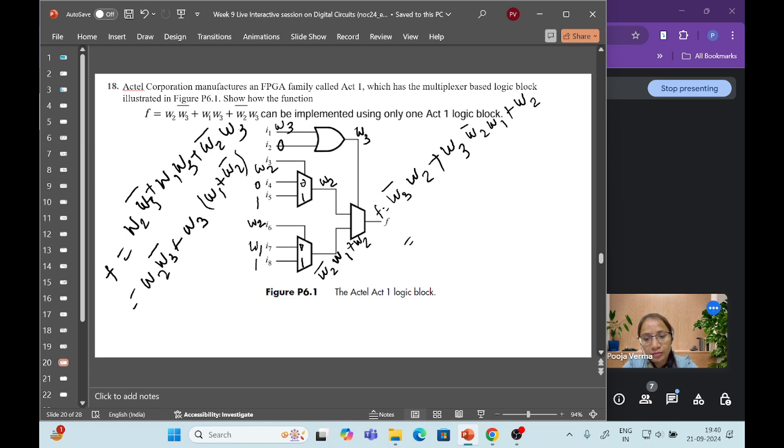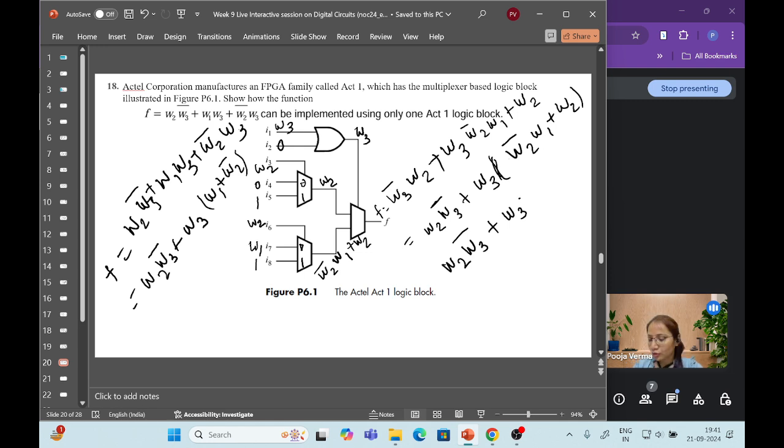Okay, so here it is W2 W3 dash, that is correct, and W3 multiplied by W2 dash W1 plus W2. So if we do that, we will get W2 W3 dash plus W3.